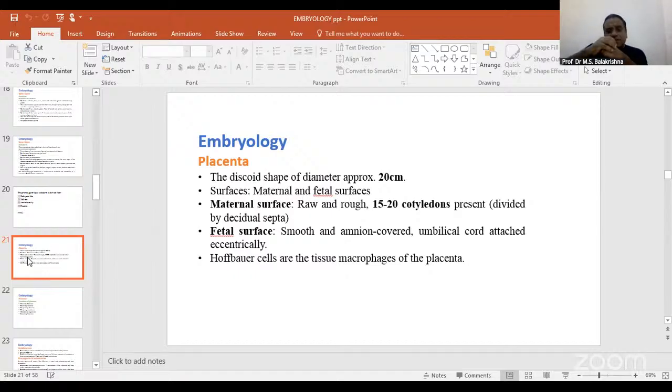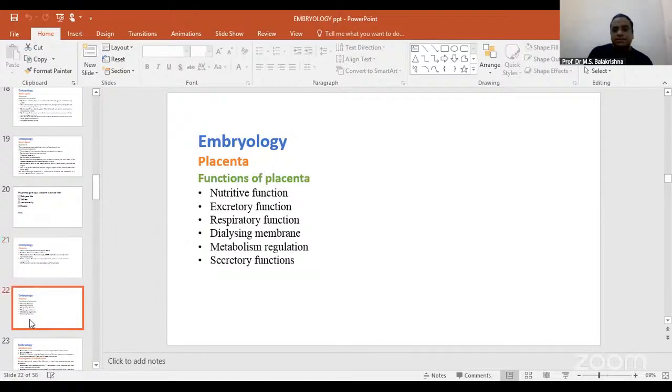So there is a fetal surface and there is a maternal surface which is connecting to the mother. The fetal surface will be smooth, whereas the maternal surface will be rough. And here the tissue macrophages are seen, called Hofbauer cells. Hofbauer cells, an MCQ, you should be knowing this.